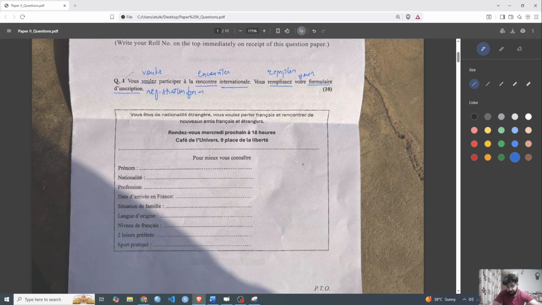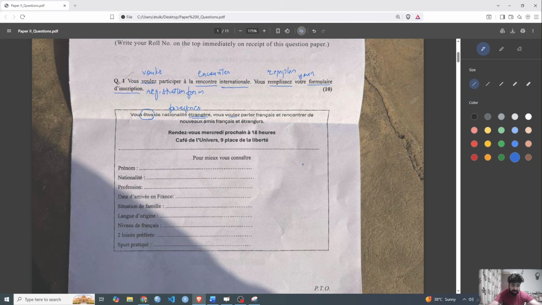Let me read further. It says "vous êtes", a verb form of être, which means to be, "étranger", that means foreigner, and "nationalité" means nationality. So you are of foreign nationality, basically a foreigner, I can say. And you, this I told you, this is actually a form of vouloir, to want.